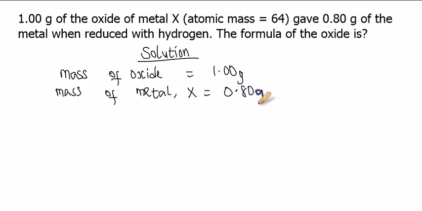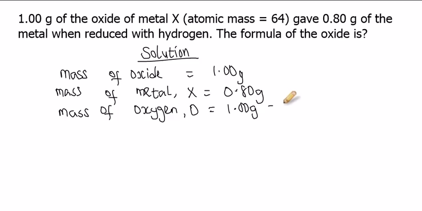So the mass of oxygen will then be equal to 1.00 grams minus 0.80 grams, which is equal to 0.20 grams. So we've gotten the mass of oxygen and the mass of the element. So let's proceed to determine the mole ratio.